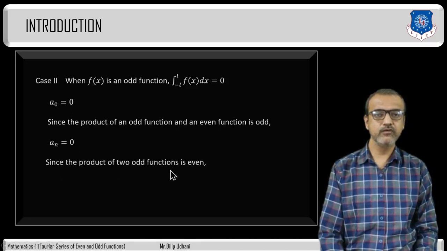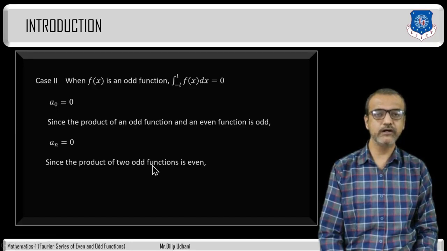Since the product of two odd functions, the result is even, and we have Bn, that is equals to 1 upon L integration from minus L to L f of x sine n pi x by L dx. Here we are considering f of x is an odd function and sine n pi x by L, that is again an odd function.